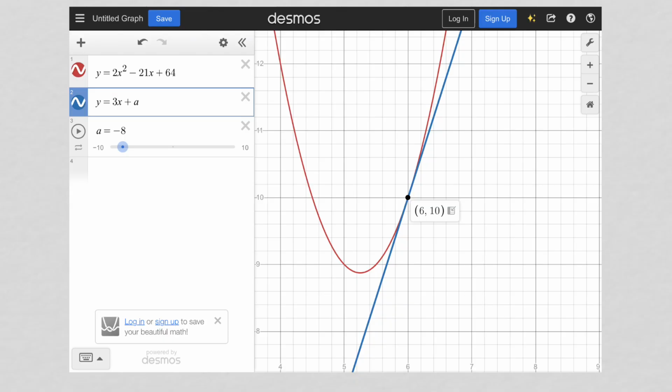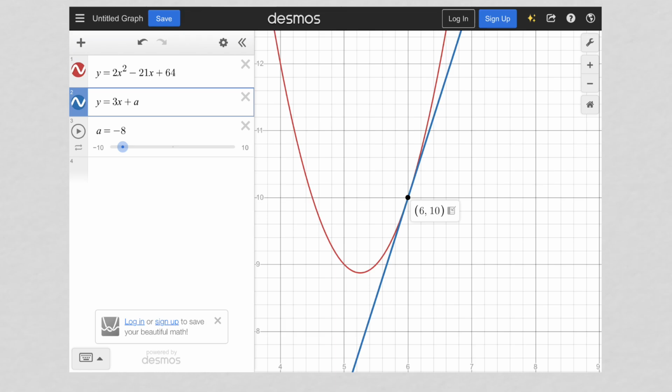Well, let's see. So here you see that I slid the A value to the left. I tried to the right as well, and I noticed that the blue line was going up the parabola, which is the wrong direction. So I slid the A slider to the left, and I saw that it started going down the parabola, which is the correct direction. Then I got to a point and had to zoom in a bit just to make sure, but I got to a point where the blue line touches the red parabola at only 1 point, which is exactly what the question told us should happen.